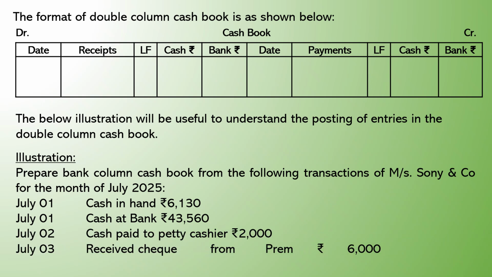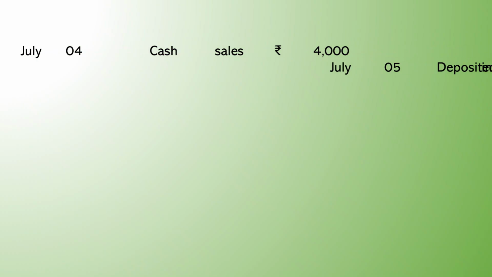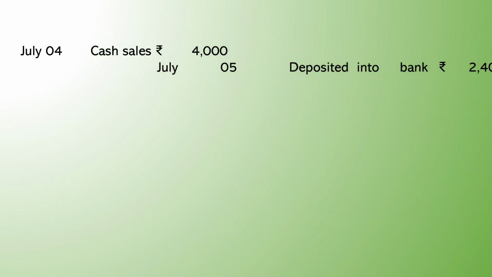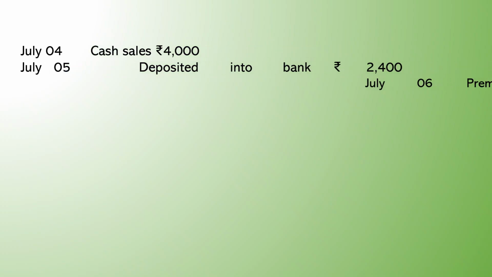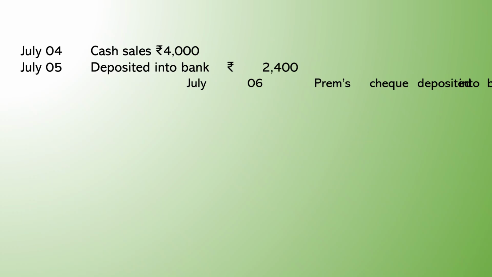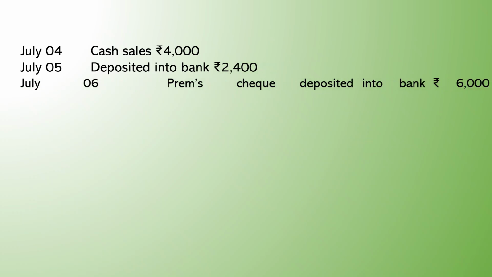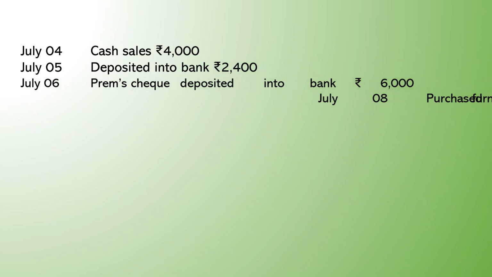Received check from Prem 6,000 rupees. 4th July. Cash sales 4,000 rupees. 5th July. Deposited into bank 2,400 rupees. 6th July. Prem's check deposited into bank 6,000 rupees.